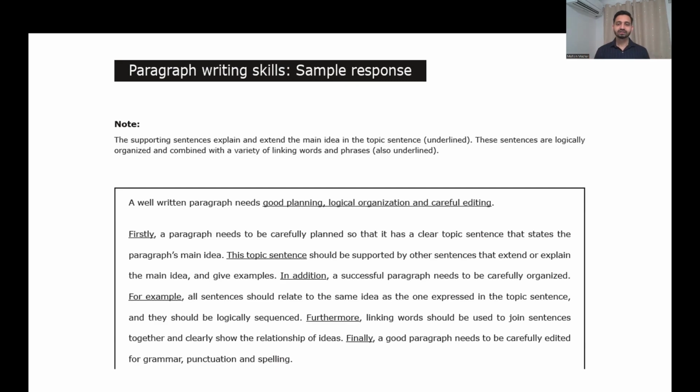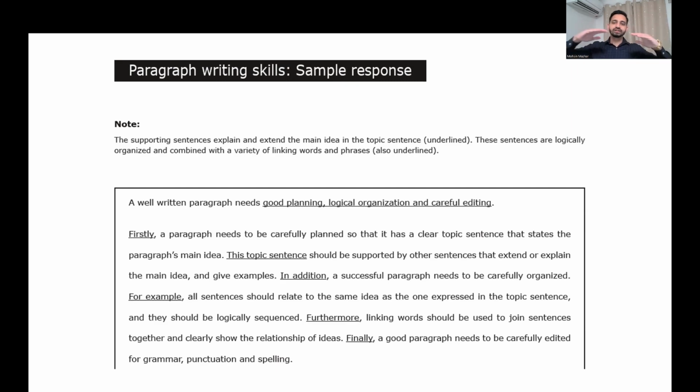In addition, a successful paragraph needs to be carefully organized. Number 4, for example, all sentences should relate to the same idea as the one expressed in the topic sentence, and they should be logically sequenced. Number 5, furthermore, linking words should be used to join sentences together and clearly show the relationship of ideas. And number 6, finally, a good paragraph needs to be carefully edited for grammar, punctuation, and spelling.